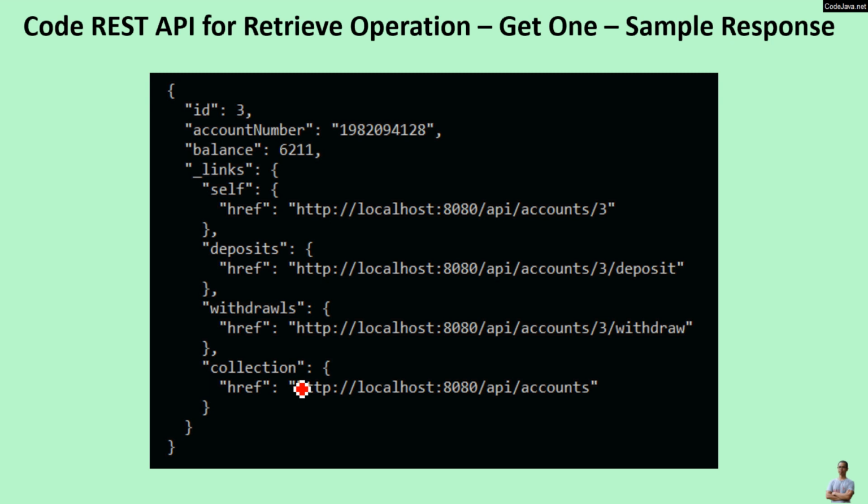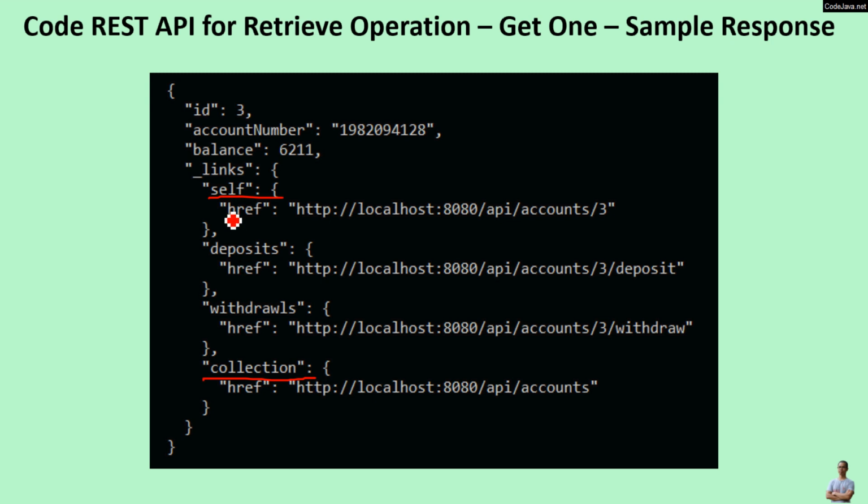Now let's use the Spring HATEOAS API to add links to the data returned by the REST API for the retrieve operation with one single account. Firstly, we add two links with the relations self and collection.